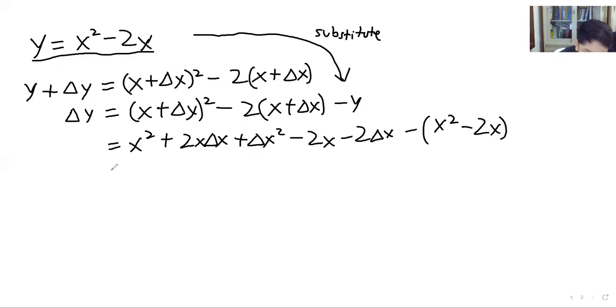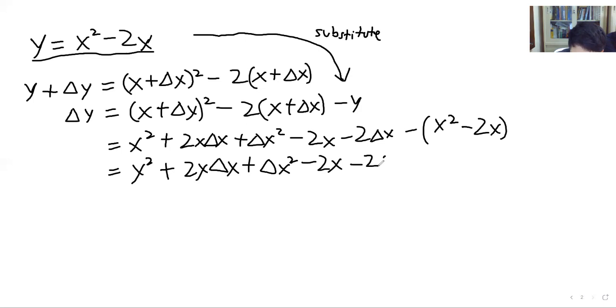Okay, we can remove the parentheses. To remove the parentheses, we invert the signs. So the positive here, not shown in the x squared, will become negative, and this negative will become positive.